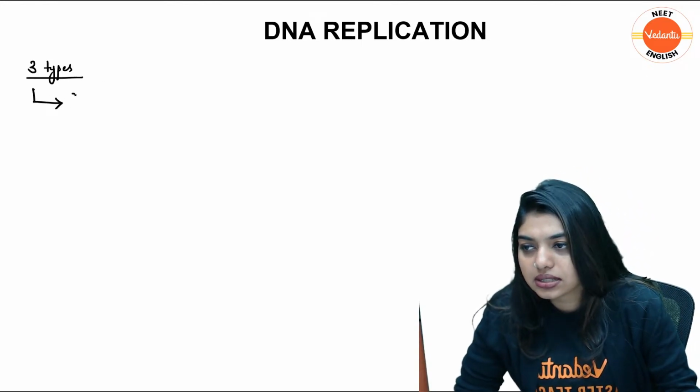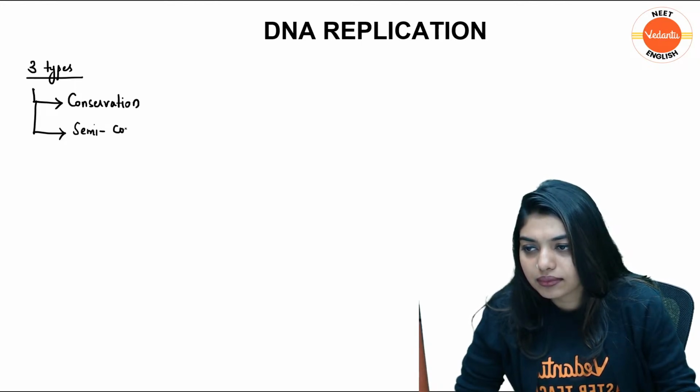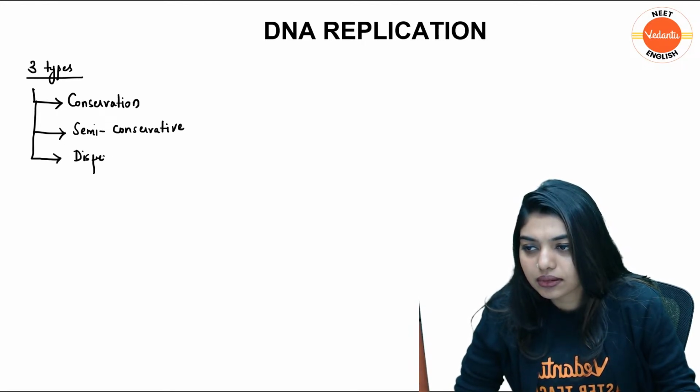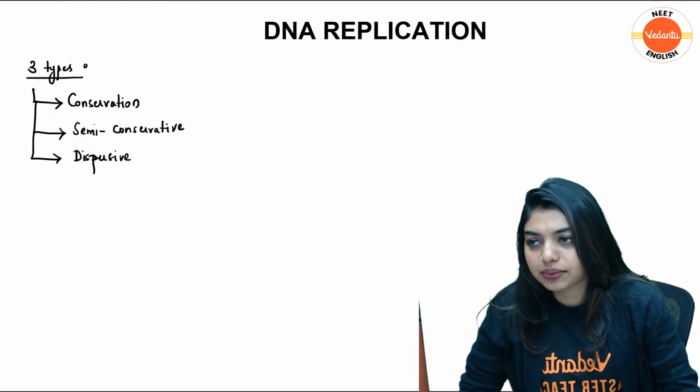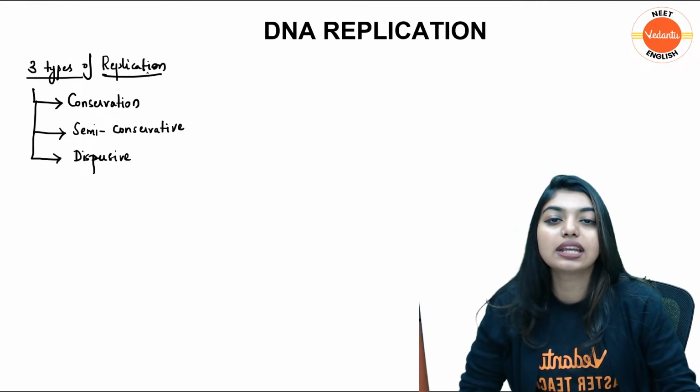First one is conservative. Second one is semi-conservative. Third one is dispersive. These three are the types of replication. Now our task is to find how DNA replicates.